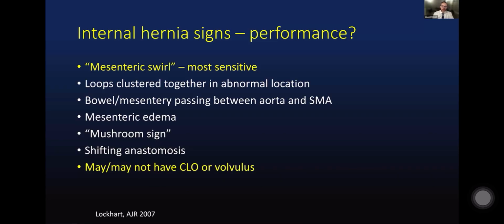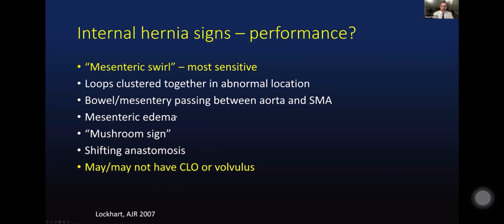We're looking for abnormal bowel or mesentery passing between the aorta and the superior mesenteric artery, especially proximally. The transverse duodenum should be the only loop of bowel in that space. And so if you see bowel and mesentery crossing midline between the root of the mesentery and the retroperitoneum, you should take a close look at that, especially in patients at risk.